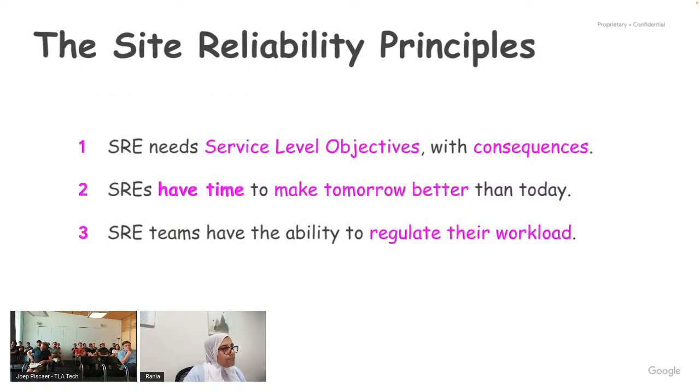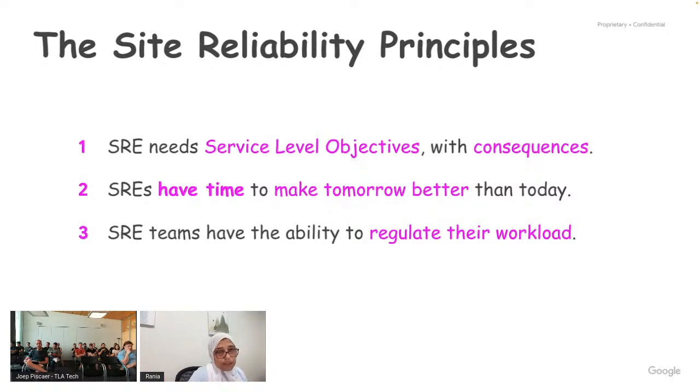So we have 3 main principles for SRE. The first principle is defining the service level agreement and the service level objective, as well as the consequences of not meeting such an SLO. I'm going to talk about the definition with an example for the SLO, and speak about how that is measured within DevOps and DevSecOps.